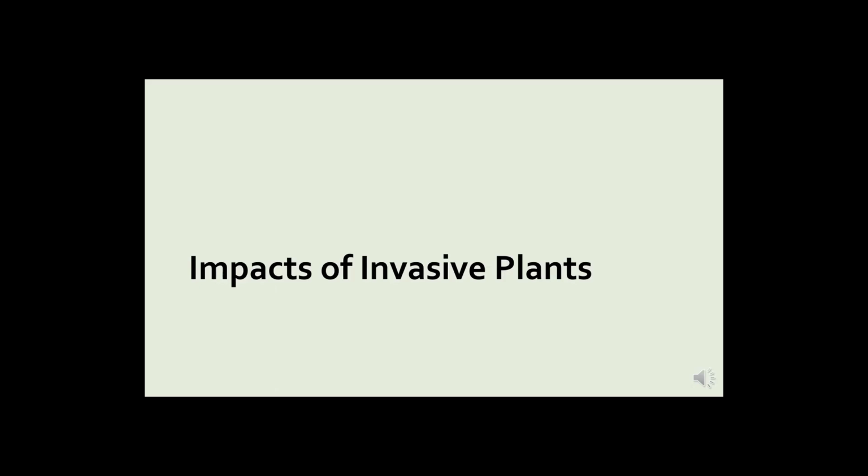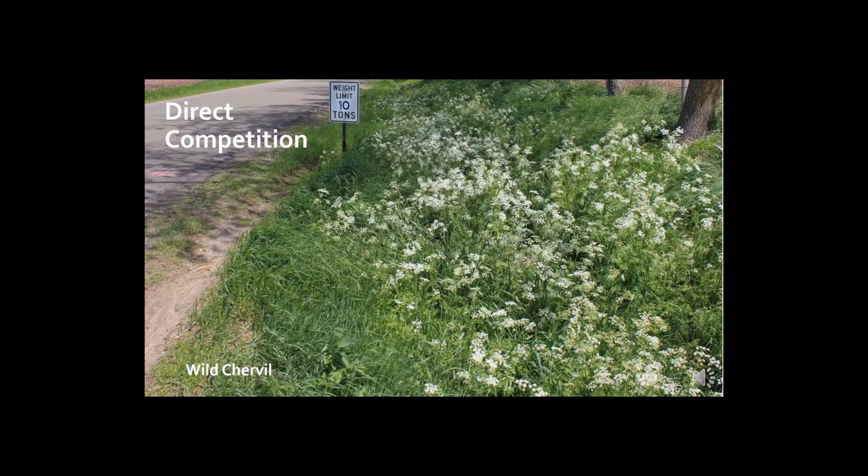Many of you are probably familiar with impacts of invasive plants, but I'd like to share a few examples of some specific impacts here. Often invasive plants are well known for providing direct competition with many of our beloved native plants. Here's an example with wild chervil, which is very commonly seen along roadsides but grows in other areas as well.